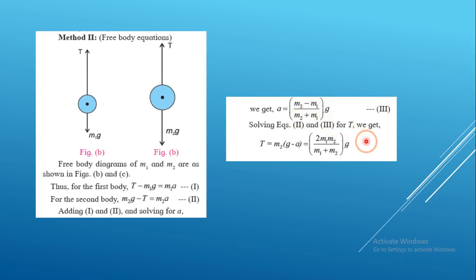When you solve it for T, you will get T is equal to m2(g minus A), which is 2 m1 m2 divided by (m1 plus m2) into g. So this is all about the work energy theorem, then conservation of linear momentum, and free body diagram and their equations.